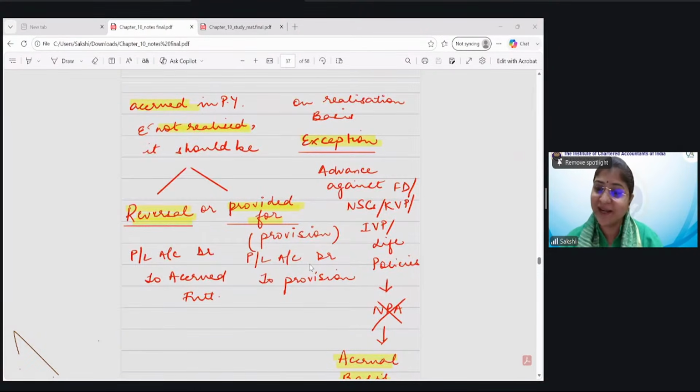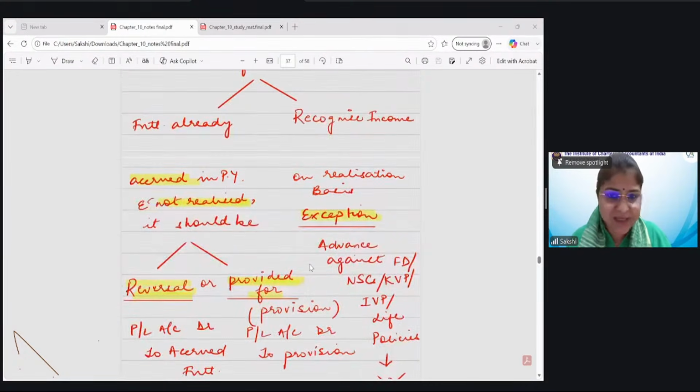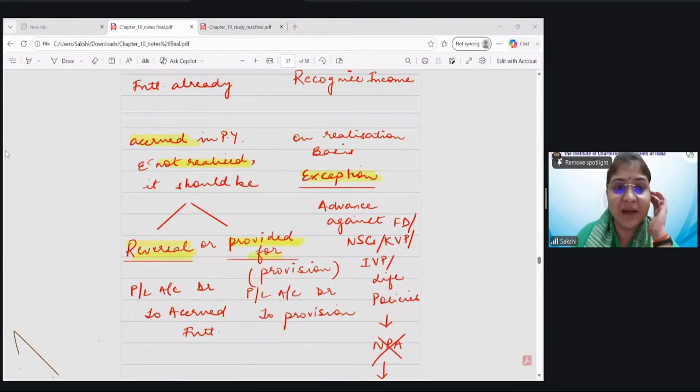What will be the reversal entry? PL account debit to interest accrued. Either you reverse the entry, you pass a reciprocal entry, or you provide for it. Provide for means you make a provision. PL account debit to provision, like you make other provisions. Are you understanding this point? Please, everyone, I want your response.